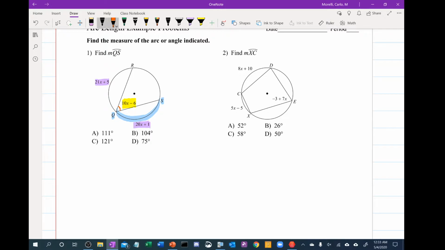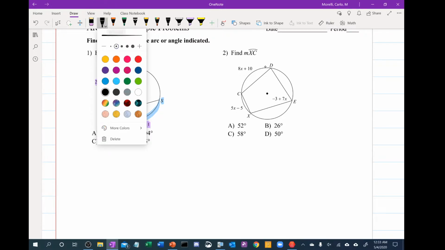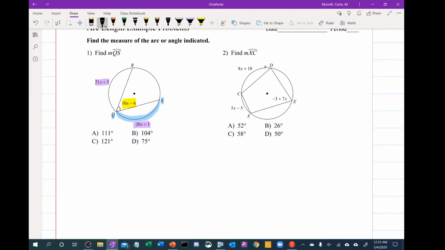So let's write some stuff out. Remember what we know to be true. We know that the measure of angle Q has to be equal to 1/2 the measure of arc RS. Okay? Whatever this angle here is, it has to be half the angular measure of this arc.